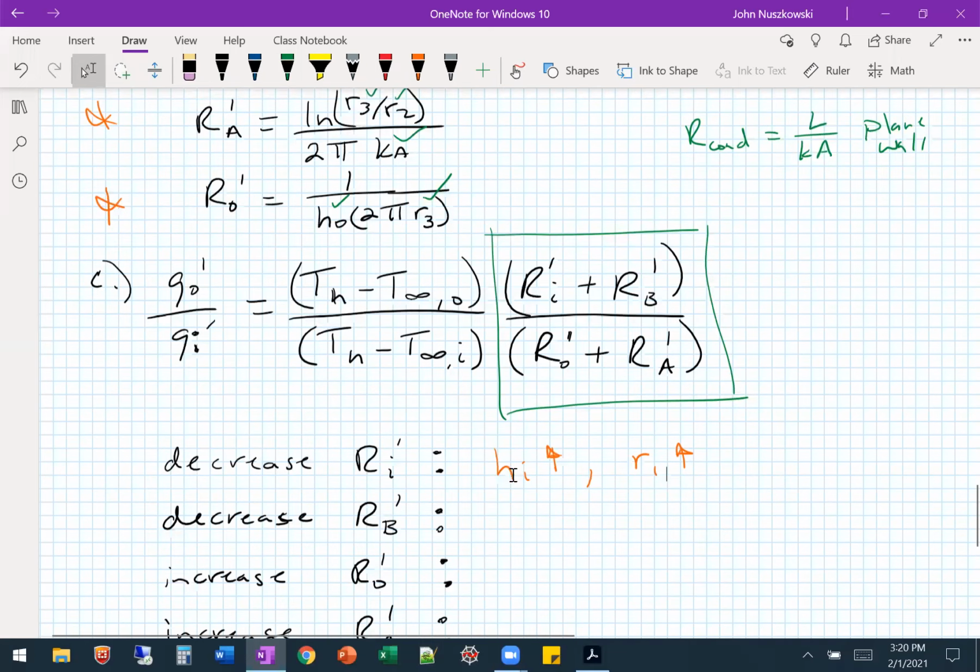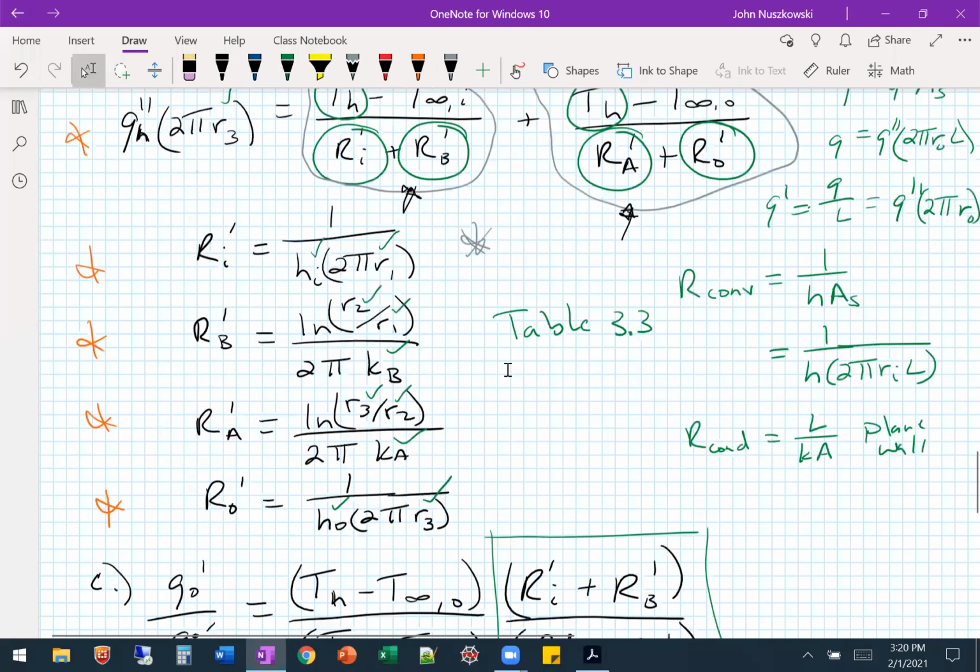All right, so we want to decrease RB. So if we're looking at RB here, what do we want to do to decrease this? You could increase K. Yeah, so increase K, right?